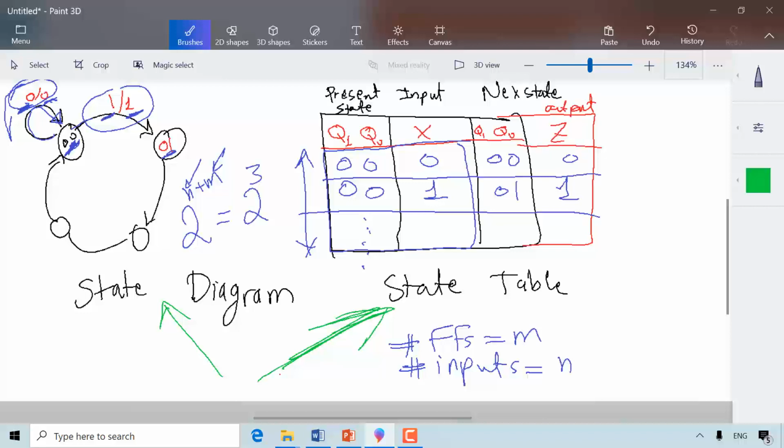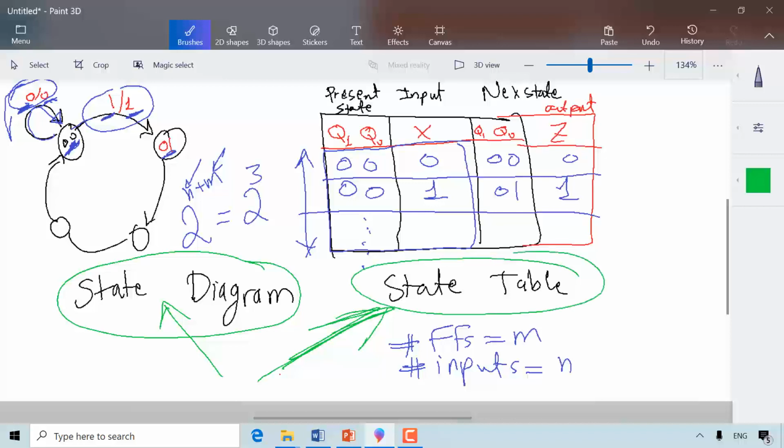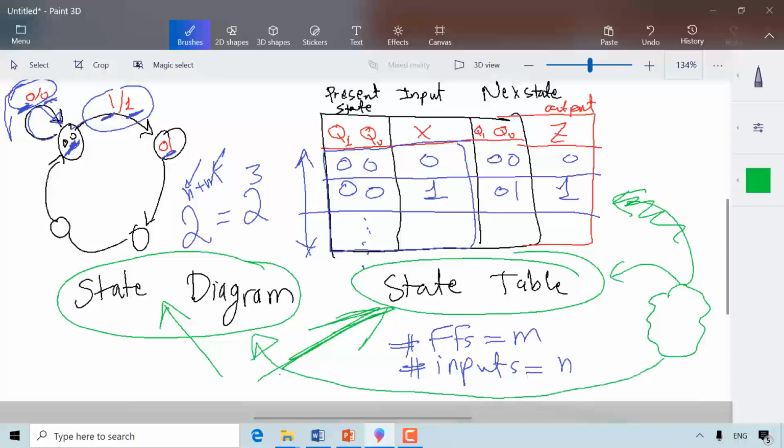So why are we talking about state diagram and why are we talking about state table? Because this is how we describe the state machine, the sequential circuit. In other words, the output of my analysis, if I have a sequential circuit here, will be a state table or state diagram, one of them.